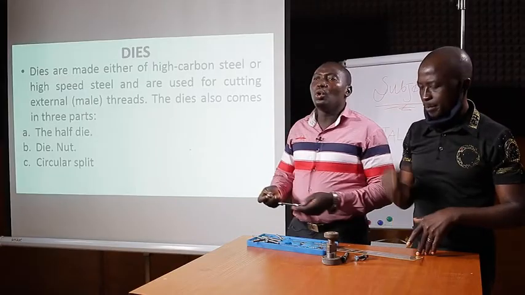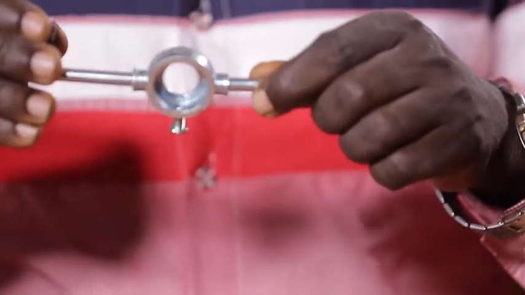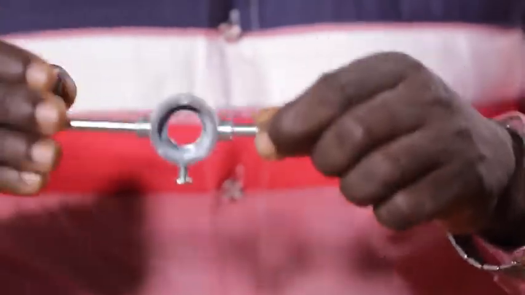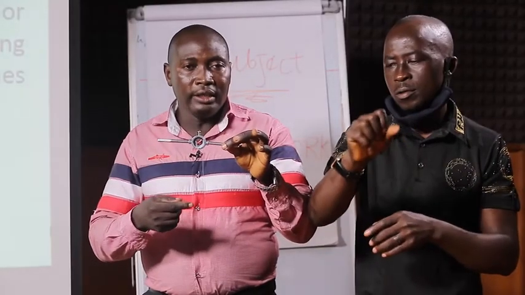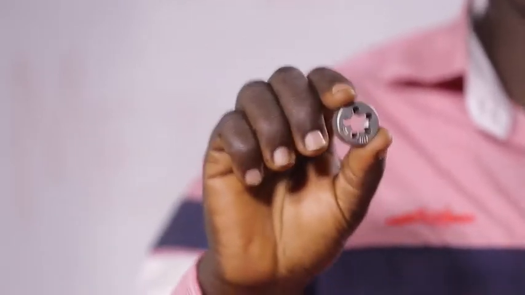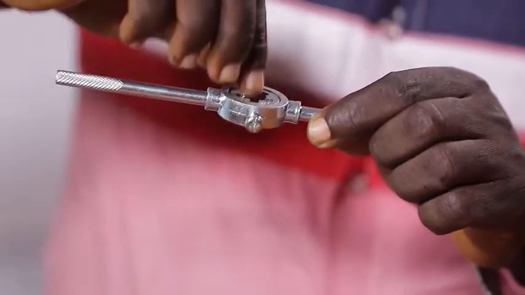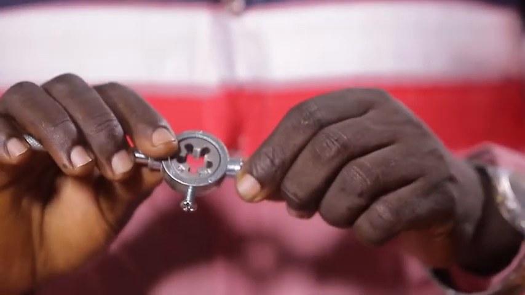The dies also are used in conjunction with a die holder or a die stock. Now, this is a die stock, just like the tap wrench. Now, the die is slotted. This is the die. It's slotted into the die holder and is held by a nut.